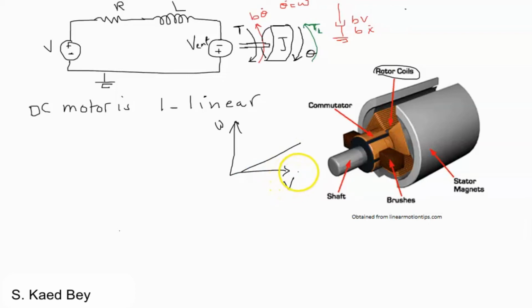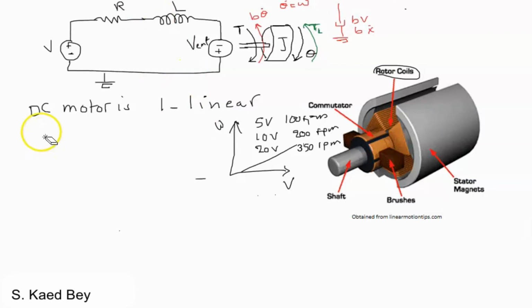For example, at high voltages, this may not be the case. If you apply, let's say, 5 volts to the DC motor and you have 100 RPM, when you apply 10 volts, you may get 200 RPM. However, if you applied, say, 20 volts, this may no longer be the case, so the output could be 150 RPM. So we are assuming that we are operating the DC motor along its linear range.